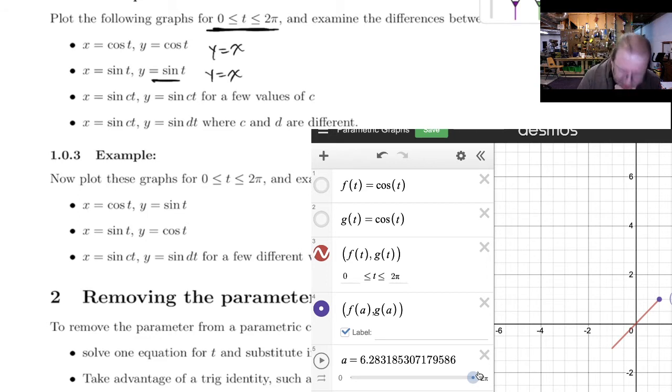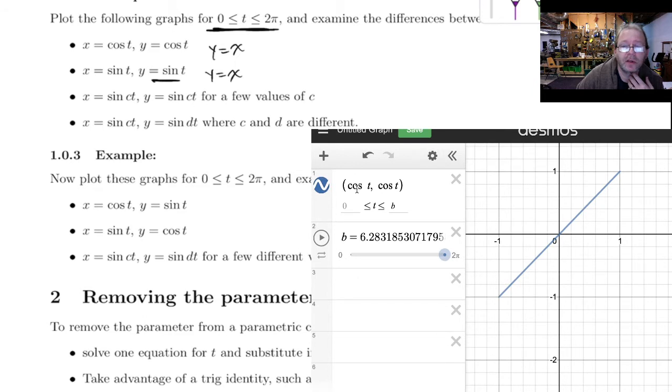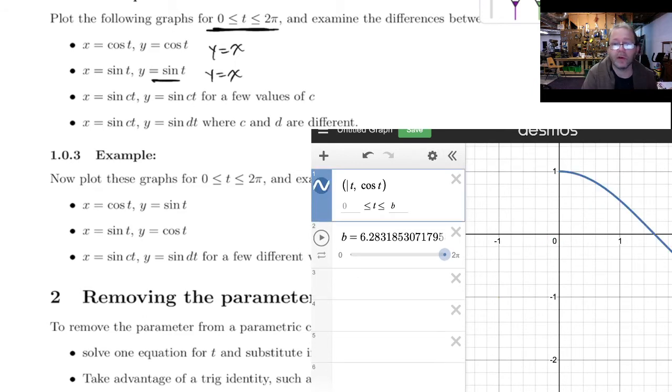Sine is always between -1 and 1. So if we graph x equals sine t, y equals sine t, we're going to get the same thing.